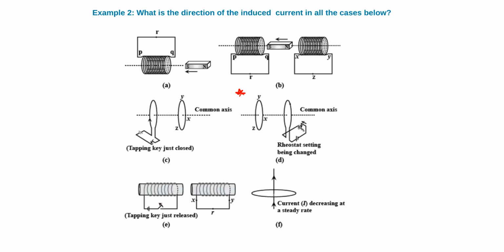I'm leaving this part out and this part is only in. So the bottom line is when I move this rheostat to the left in the circuit, R is decreasing. Okay? And the question overall asks, what is the direction of induced current in all the cases below?